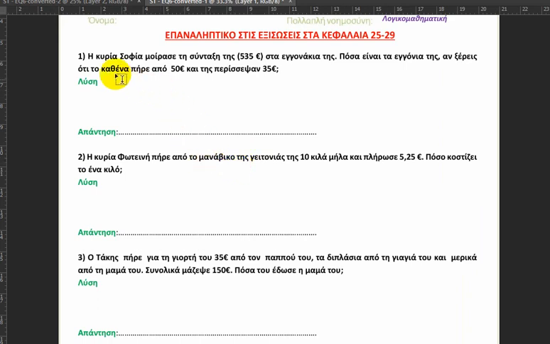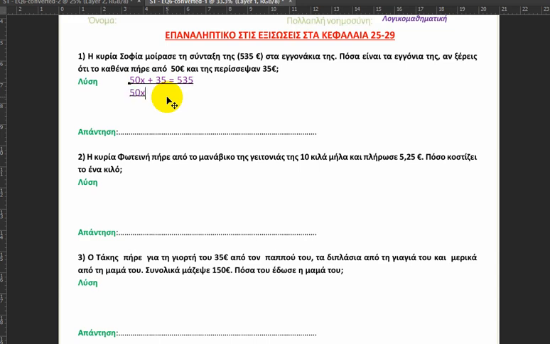Let's wrap this up. Miss Sophia shared her pension, 535 euros, with her grandkids. How many are the grandkids if they each got 50 and she had 35 left over? So x is the unknown, the number of grandkids, so 50 times the number of grandkids plus 35, how much she has left over, must be equal to 535.